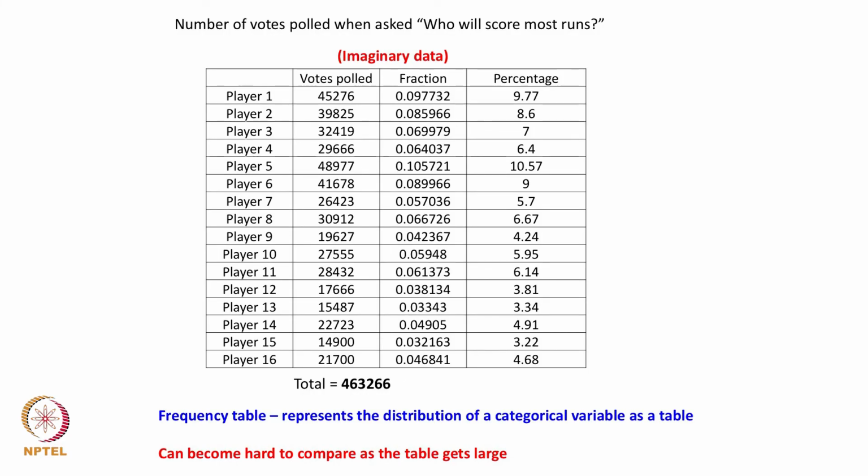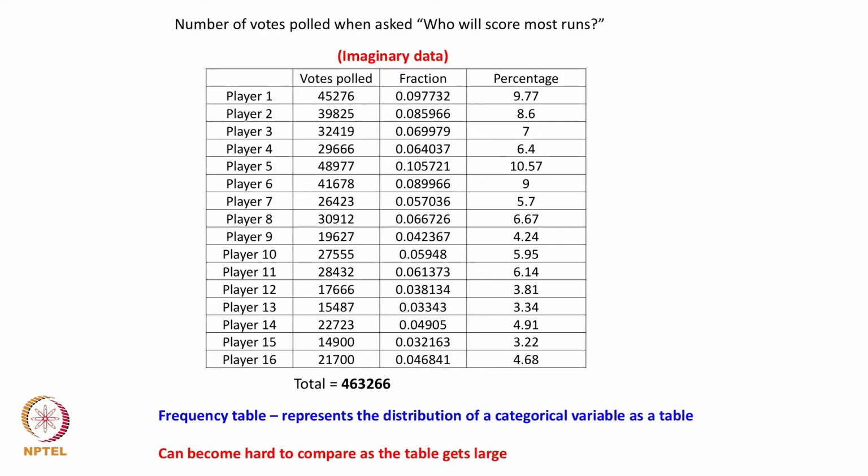So I have just given an example from, let us say, cricket, and we have picked up some numbers. The data is imaginary data, it does not represent the live data, and let us assume that this question was asked on a cricket website as to who would score more runs in, let us say, a popular 2020 tournament.